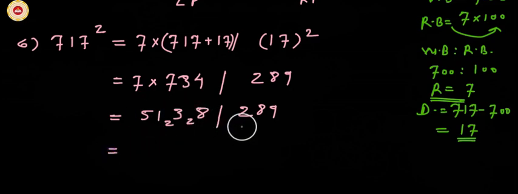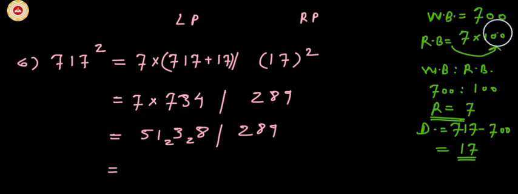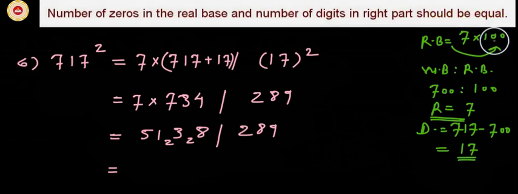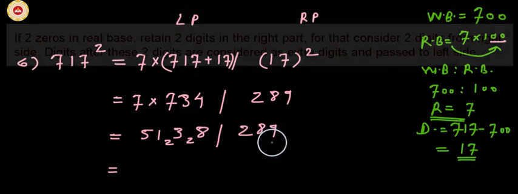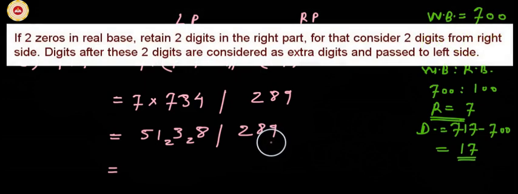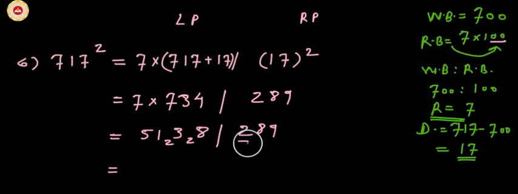Now the important step is to count the number of zeros in the real base. How many zeros are there? 2 zeros. It means we need to retain 2 digits in the right part. But how many digits do we have? 3 digits. It means that this higher place digit 2 is an extra digit.